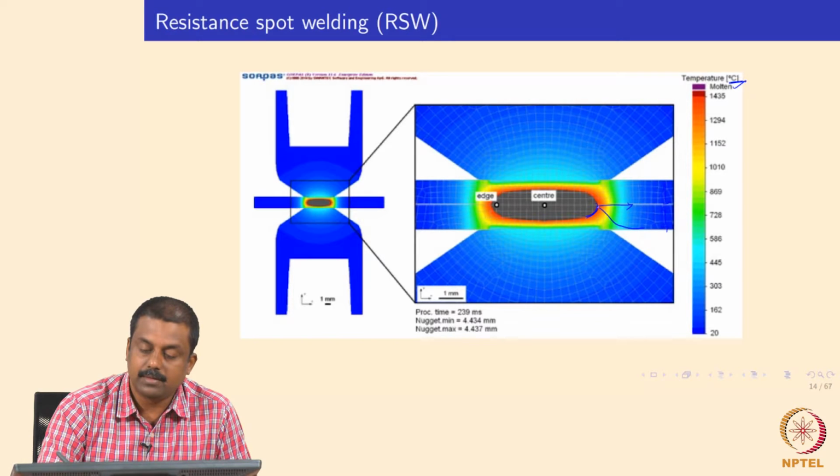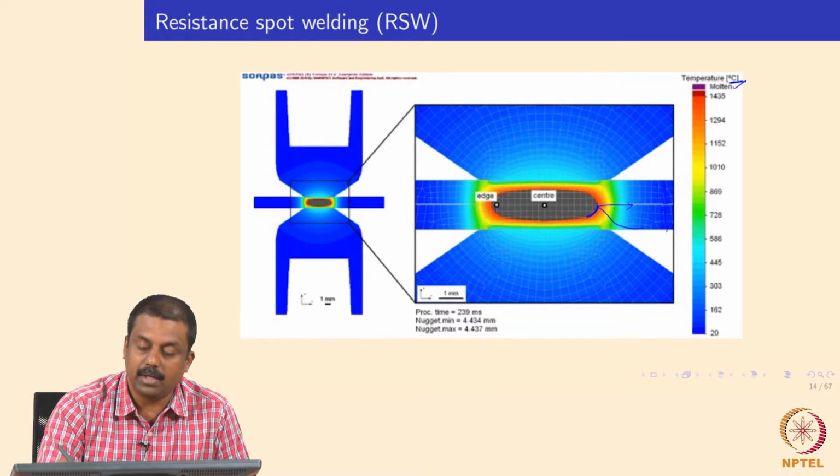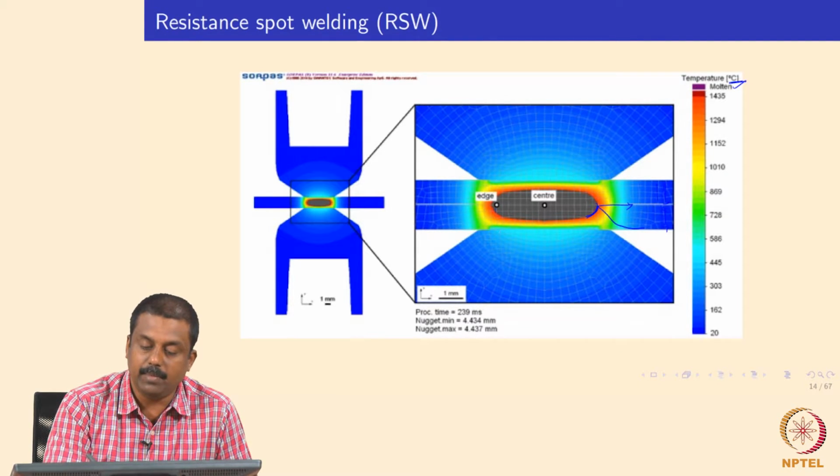You go from the melting point to room temperature within, say, a millimeter in a 1 millimeter thick plate. So there is always a very steep temperature gradient in resistance spot welding, and you also get extremely rapid cooling rates for such a geometry and heat mass. Typically you will have a weld nugget size of about 5 millimeter.